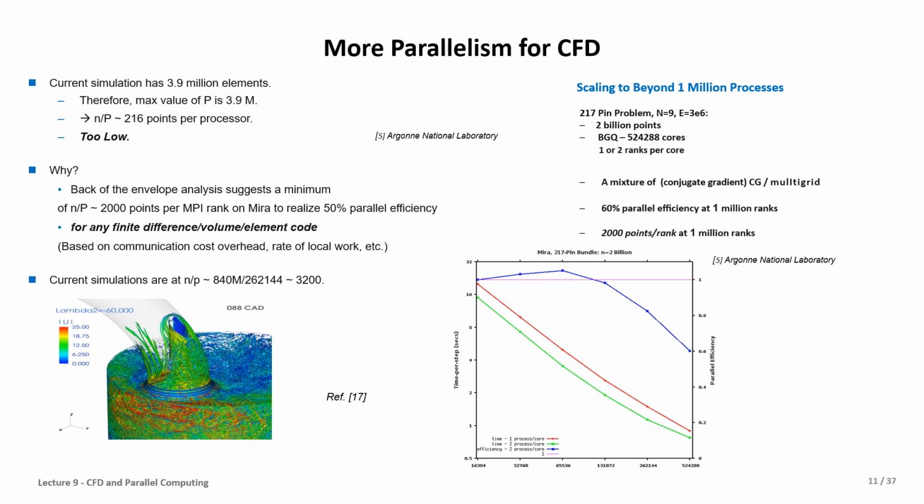The presenter also shows using one process per core or two processes per core, depending on the points per MPI rank, and we can see the result here. When using the full number of cores, the efficiency reached 60%.